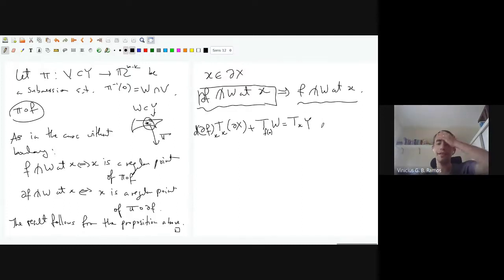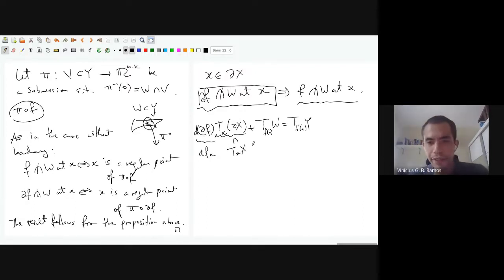Like this is complementary, or this spans the whole tangent space of Y at f(x), when you add it with the tangent space of W. And this is of course the same as df. And then this space here is contained in the tangent space of X at x.